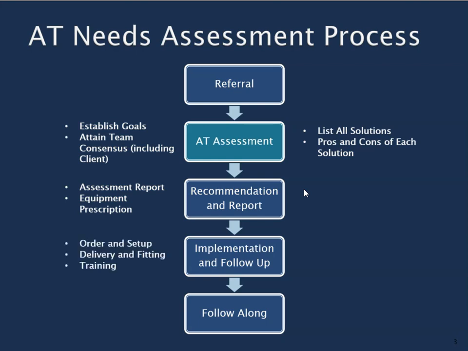And then in terms of implementation and follow-up, following on from that, it's important to outline the implementation phase, which would be the ordering of the equipment, delivery and fitting, training of the equipment. And again, there are important aspects to consider there as well, in particular in the context of equipment that can be quite expensive.